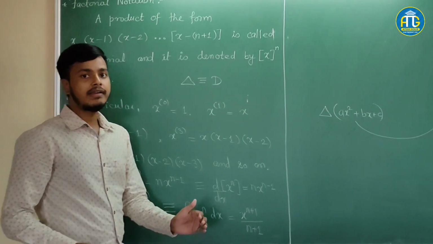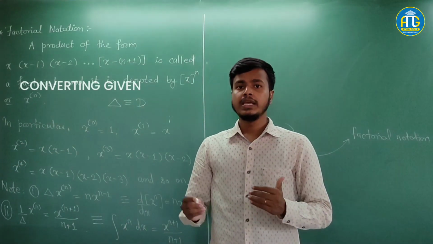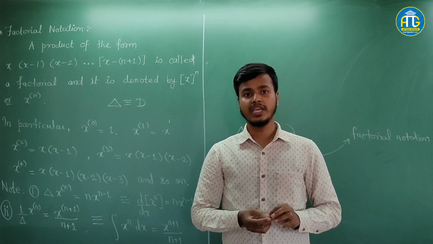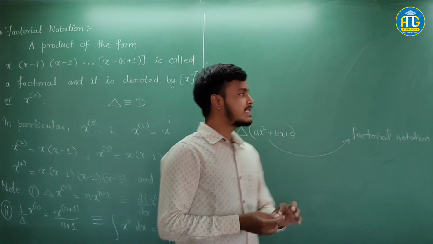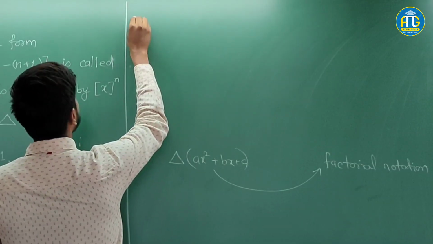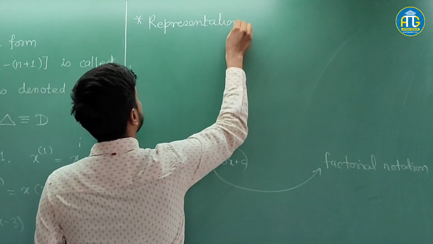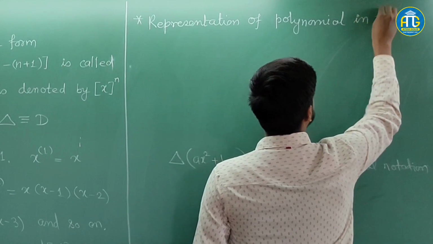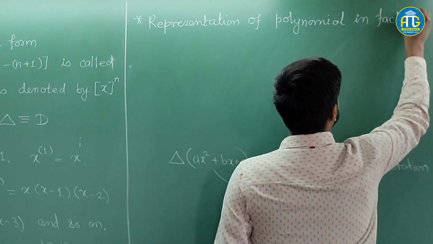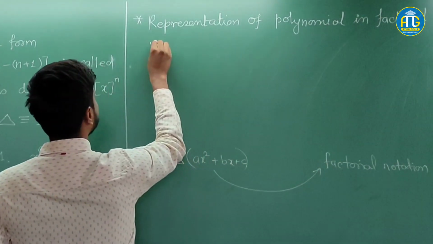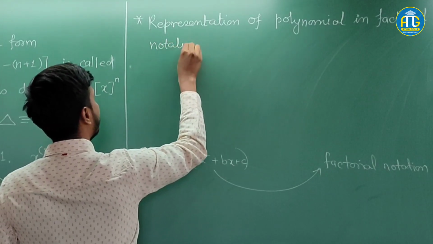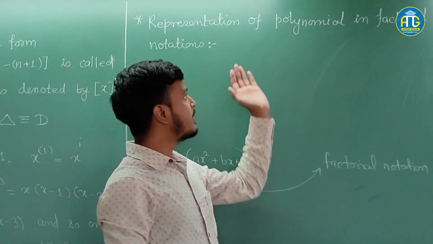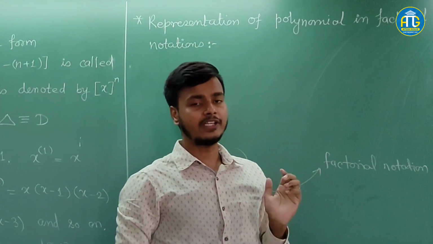Now our next objective is to convert the given polynomial into factorial notation. So let us see the representation of a polynomial in factorial notation. How do we represent a polynomial in factorial notation?